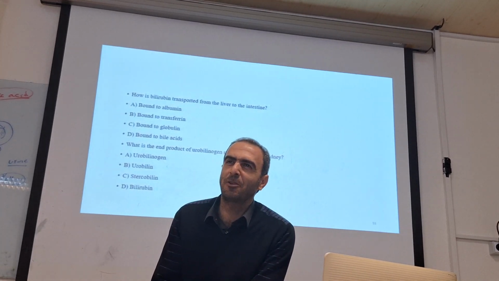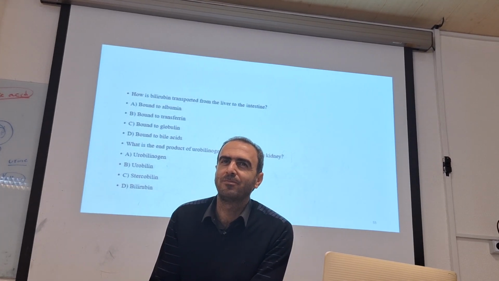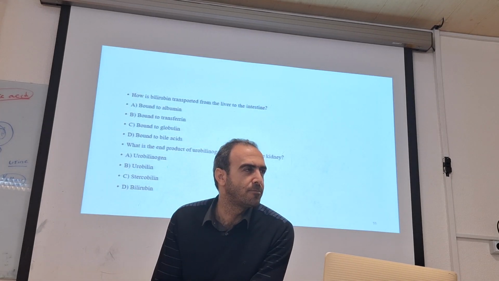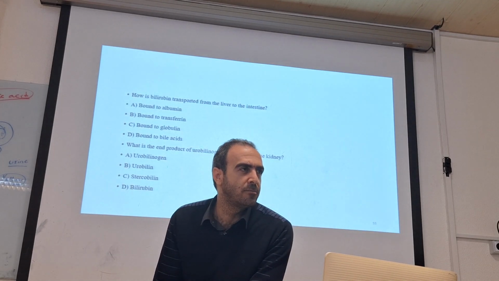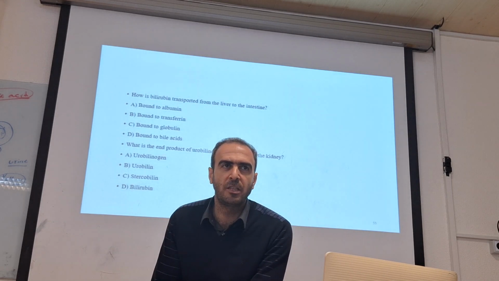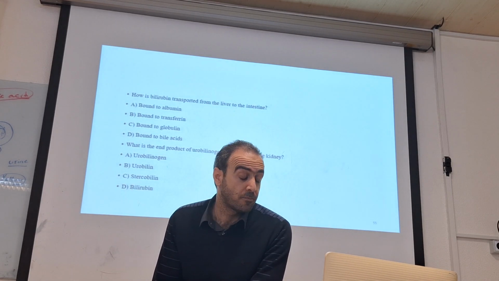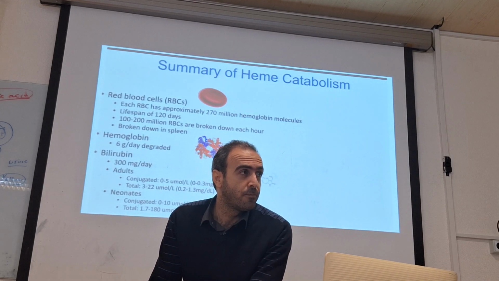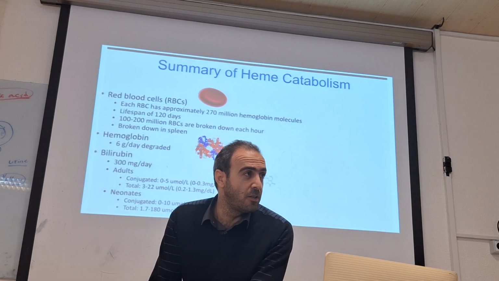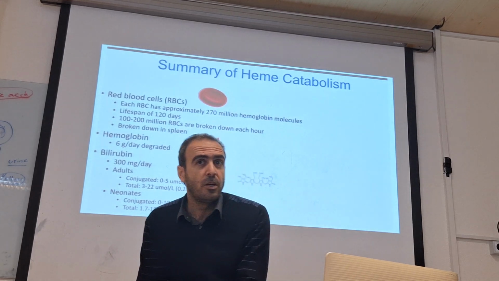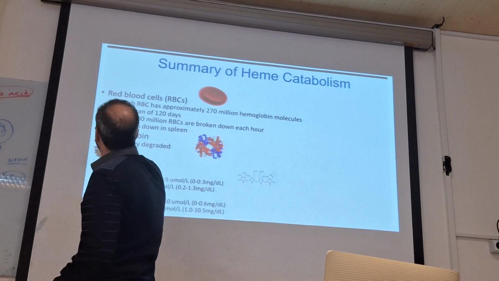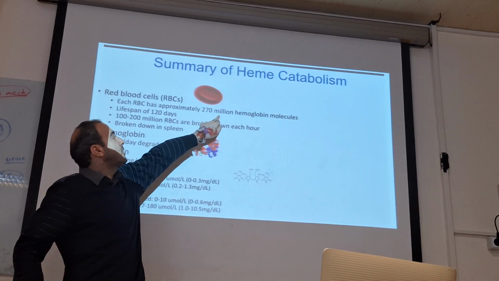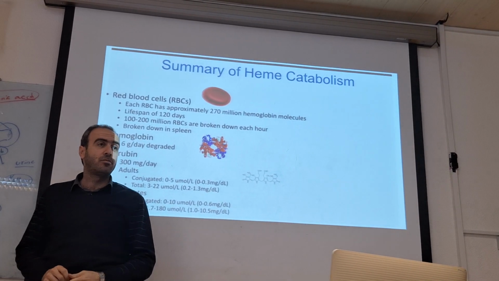Can you give me a number? Each RBC has near 270 million hemoglobin molecules.